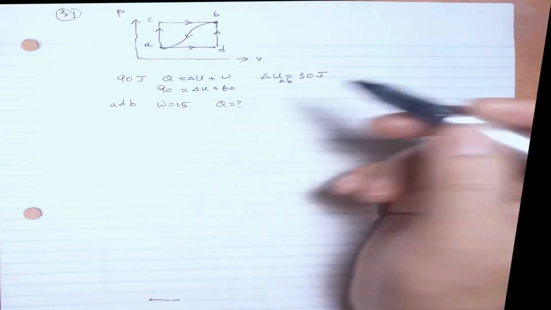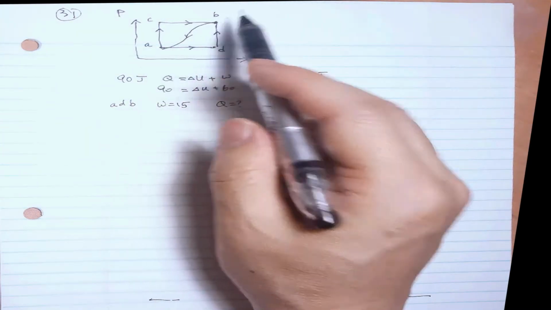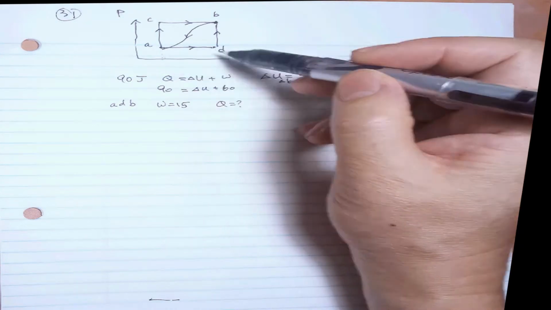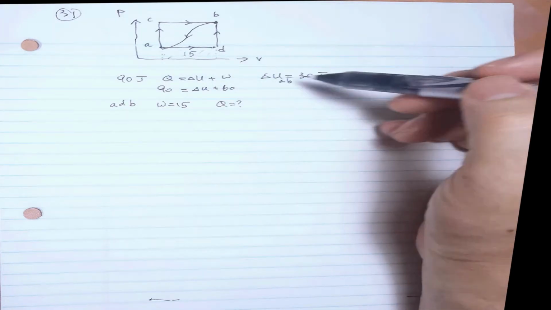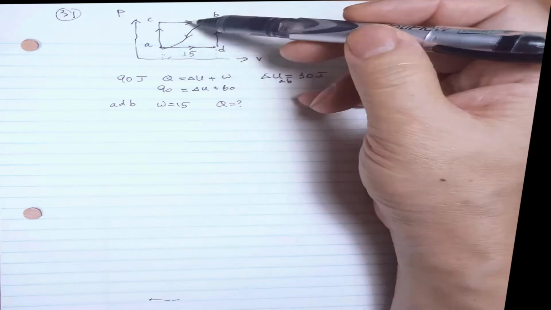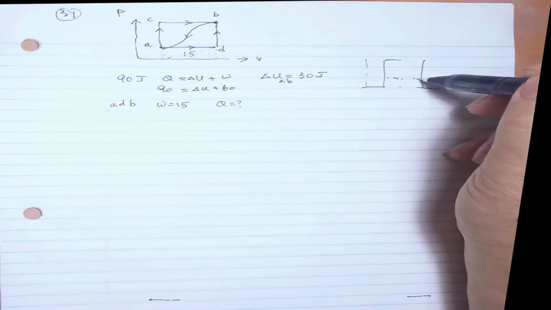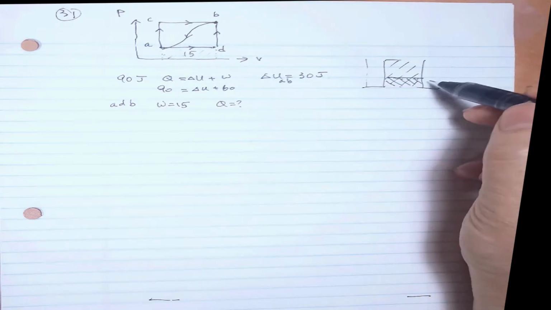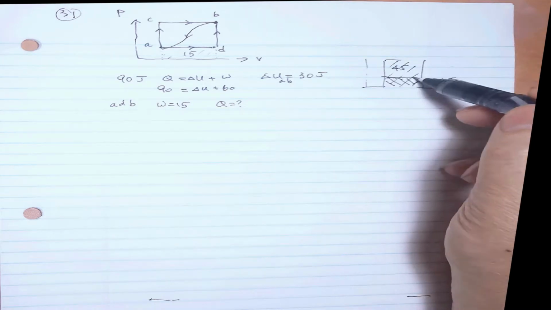So Q equals what? When they say work done is 15, they're really saying that this area here is 15. But earlier they said that the work done from ACB is 60. So the whole area underneath is 60, but this portion is 15, so this area must be 45.